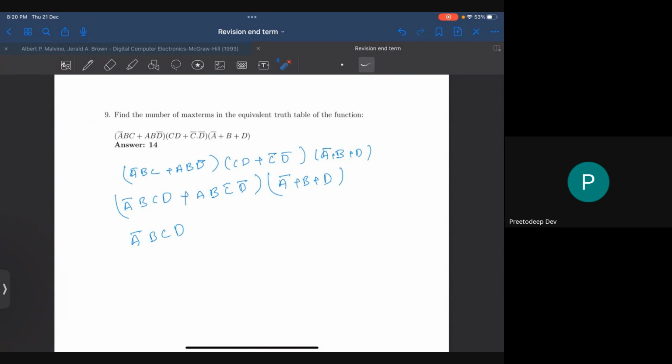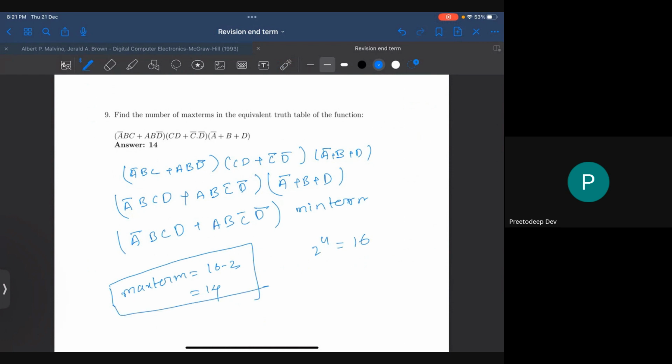Now you will get another A B C bar D bar. So only two min terms are there. Number of possible combinations with 4 variables is 2 to the 4, equal to 16, and there are 2 min terms. So max terms will be 16 minus 2.